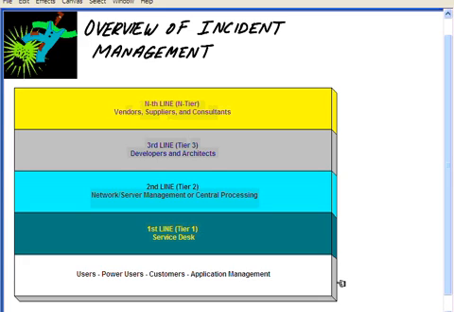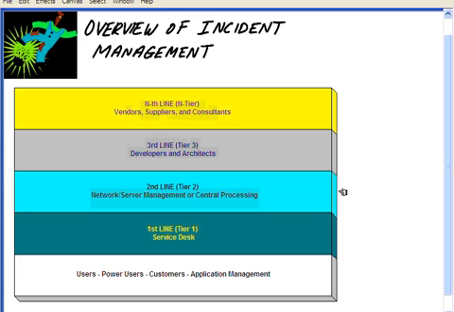Then from there, it's going to move in the incident management process to the first line or the first tier. Again, this can be vertical or horizontal, and that's our service desk, which we've discussed in detail earlier in this CBT nugget. Then the next tier or the second line is our network management, our server management, or the central processing. That's who the service desk is going to go to as they escalate incidents.